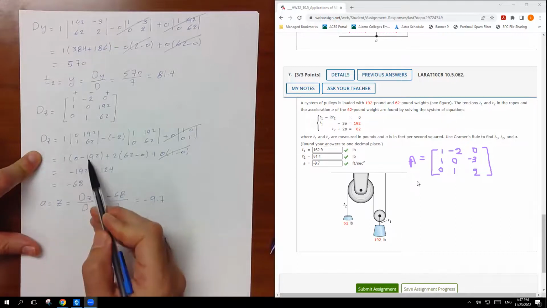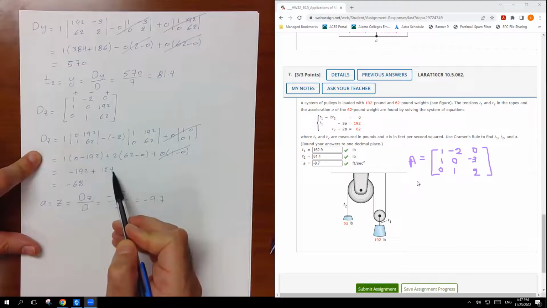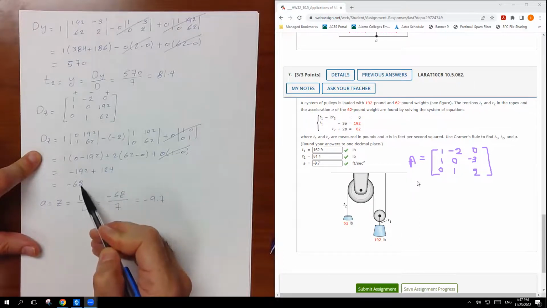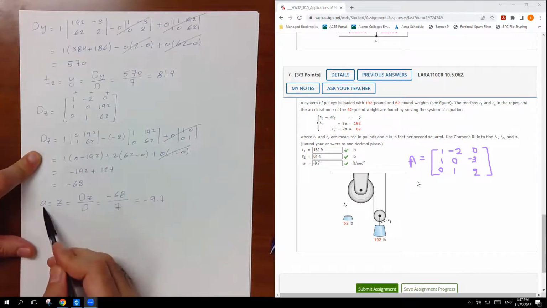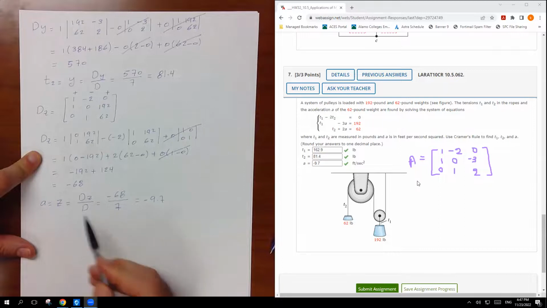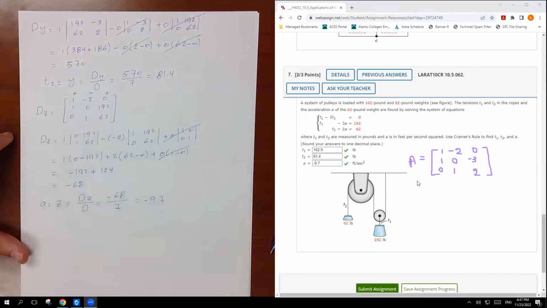So 1 times negative 192 is going to be negative 192 plus 124, which is 2 times 62, so it's going to be negative 68. That means A, which is the third column, equals C, which is dz divided by D. So negative 68 divided by 7 is going to be negative 9.7.